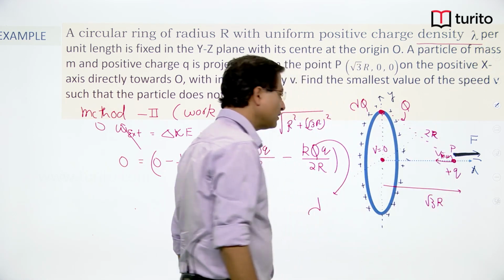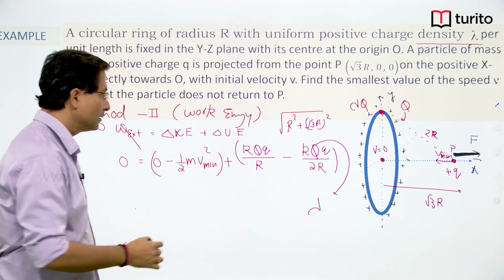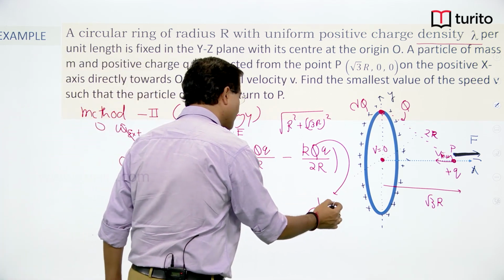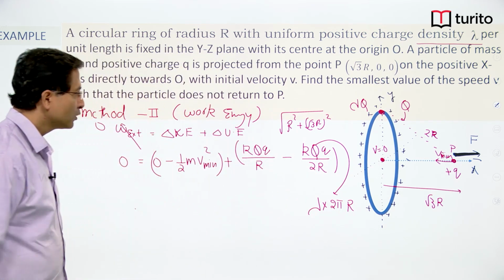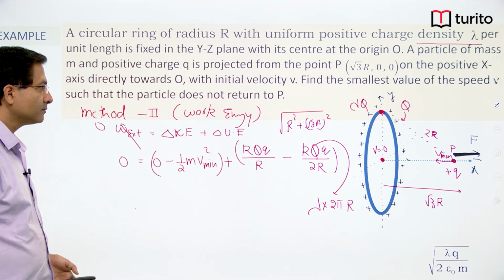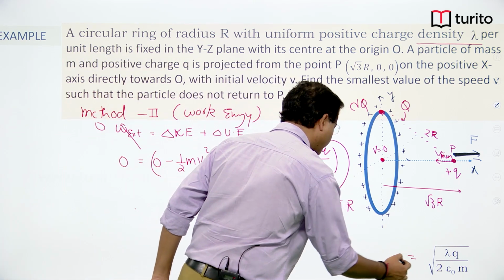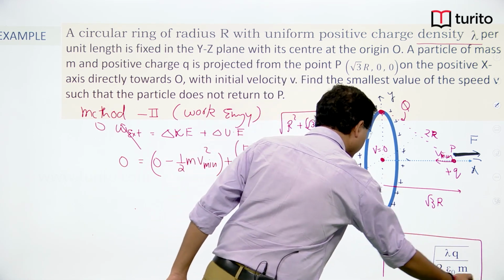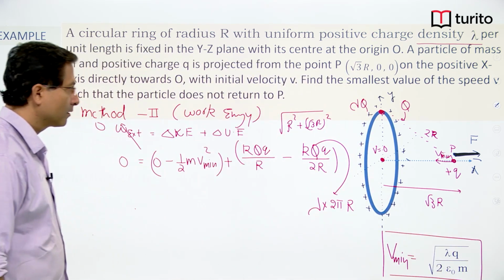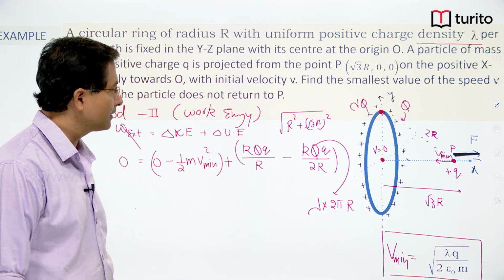So linear charge density, if I multiply by the total periphery, 2 pi r, I will get total charge. So after simplification, you will get this V min. So I hope this application is also clear, right.